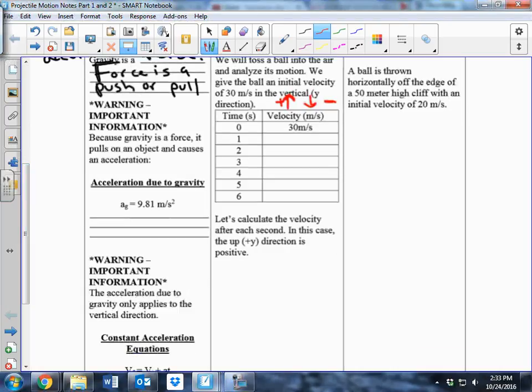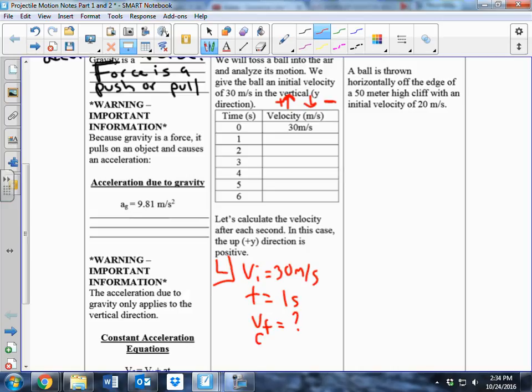So let's calculate the velocity after each second. In this case, the up direction is positive. So let's list the variables that we know. Now I'm going to do LEPA. I know that my initial velocity is 30 meters per second. My time is t equals 1 second because I want to find the final velocity after 1 second, so VF equals question mark.